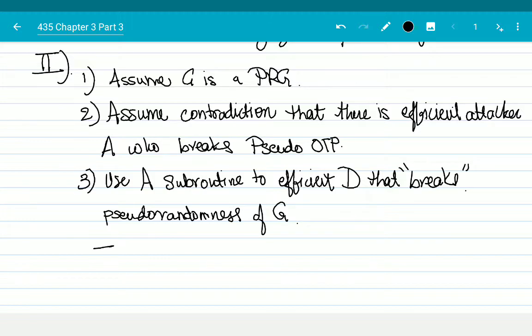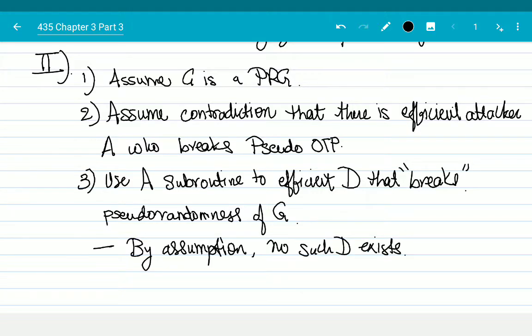And so by assumption, since we have assumed that it's a pseudorandom generator, no such D exists, which is to say no such A exists. Okay, that's another way.